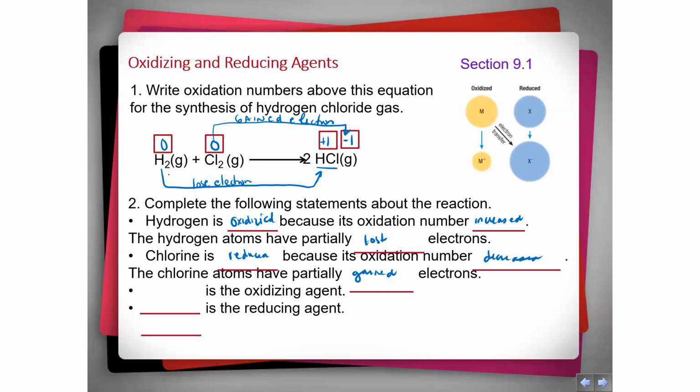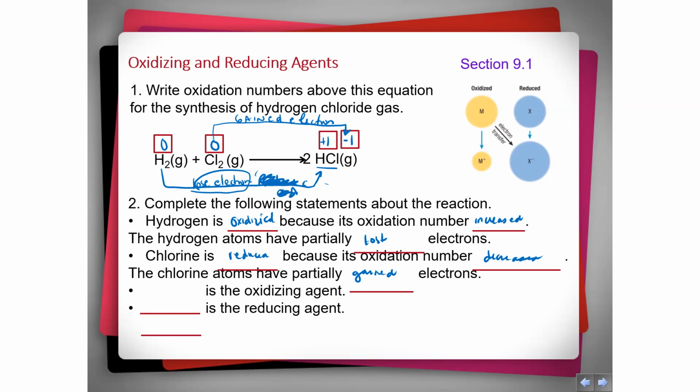Now, hydrogen in this case lost electrons. It got reduced. If it got reduced, it caused chlorine to get oxidized, so it is also the oxidizing agent. Chlorine gained electrons. Oh, sorry, hold on a second. Hydrogen lost electrons. I wrote the wrong thing. Whoops.